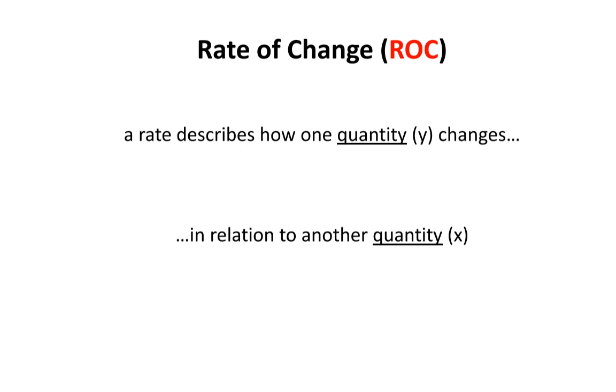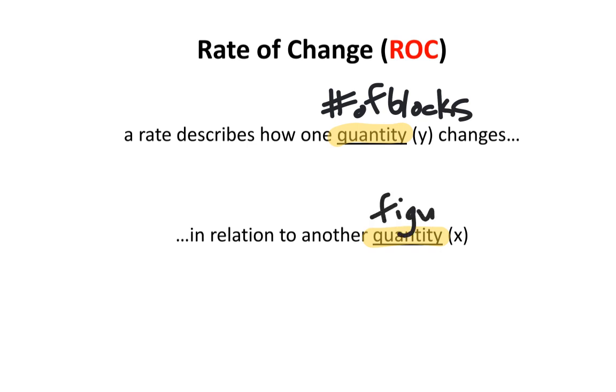A rate describes how one quantity changes. In this particular situation, the quantity that we're talking about is the number of blocks in relation to another quantity. And again, in this particular situation, this quantity is the figure number.